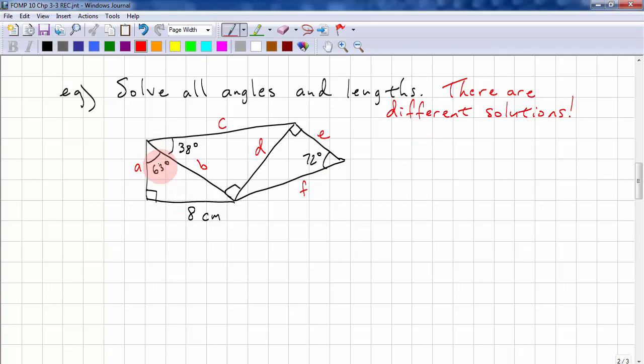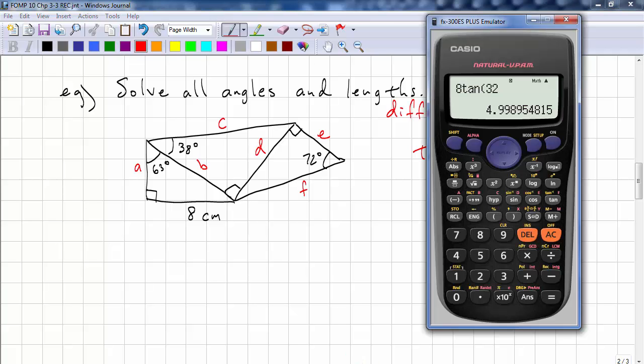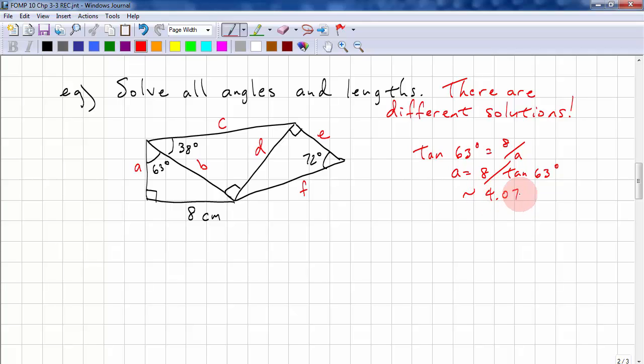Okay, we have 63 degrees, we have opposite and adjacent. Tan 63 equals 8 over A, so A equals 8 over tan 63. That gives us roughly 4.07. We're given centimeters here, so we need to write units down. Mark that so we don't forget it.